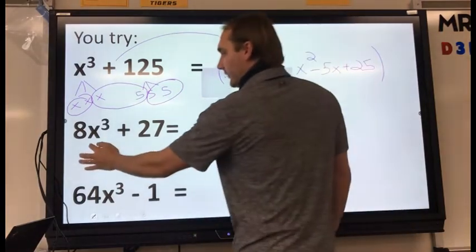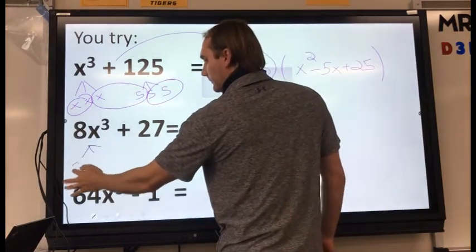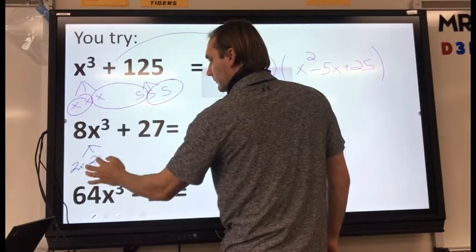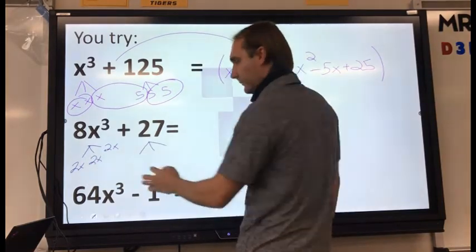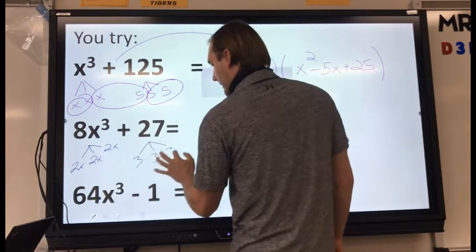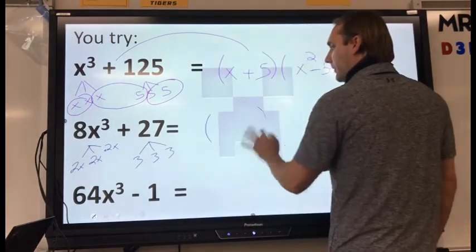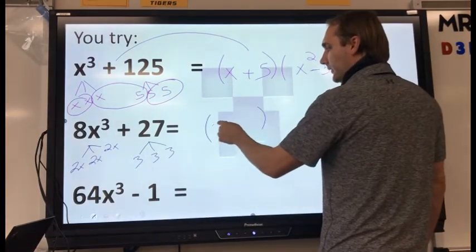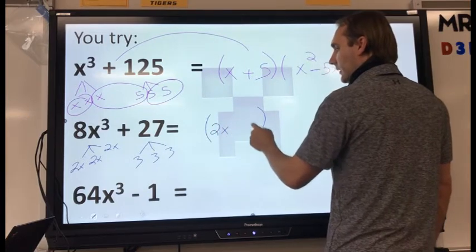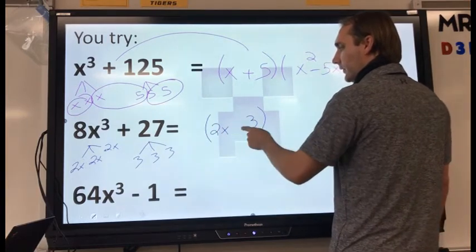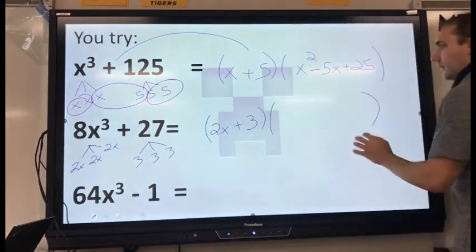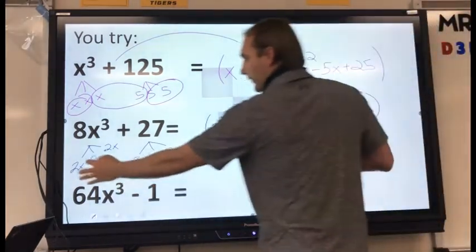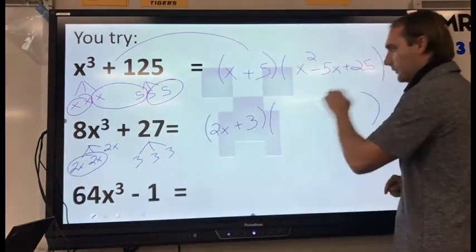Next, 8x cubed is what times what times what? 2x. 27 is 3 times 3 times 3. So for my first part, my a and my b, my a is 2x and my b is 3. What goes here? A plus to model that one. First part, circle your first 2. What's 2x times 2x?